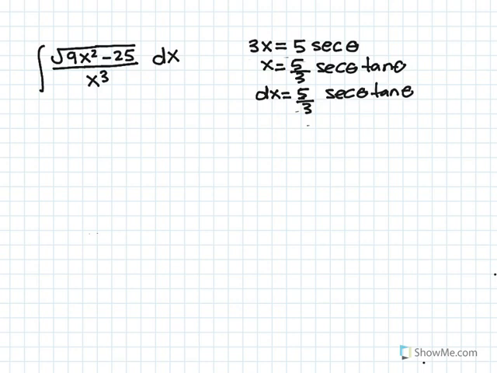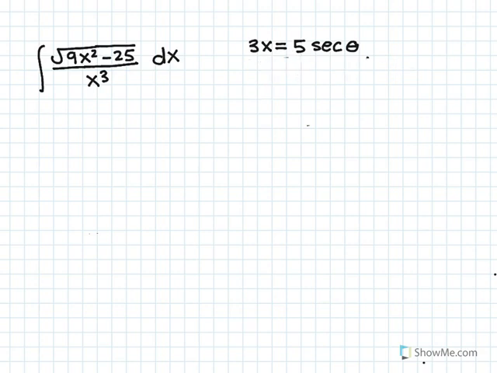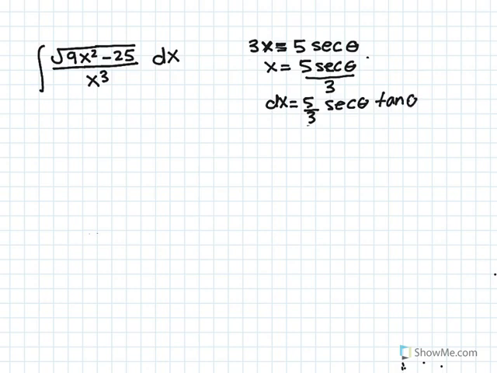I need to make a correction here, so let me fix this. We have x is equal to 5 sec theta divided by 3. Now differentiate both sides, we get dx is equal to 5 over 3 secant theta tan theta d theta.